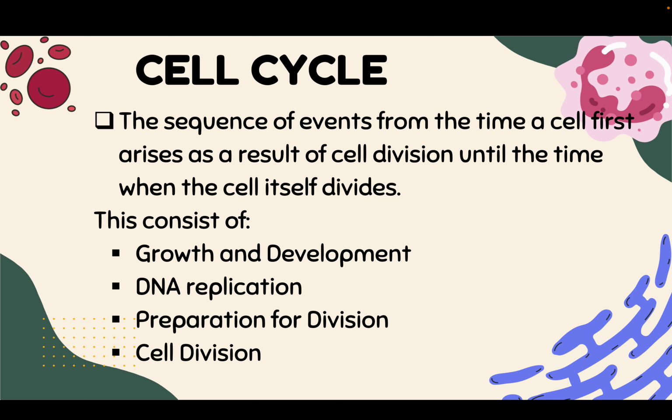There is a series of key events that happen during the cell cycle: the initial growth and development of the dividing cell, the synthesis or replication of DNA to produce two copies that will later be distributed into the progeny cells, the preparatory steps before division, and the cell then divides.